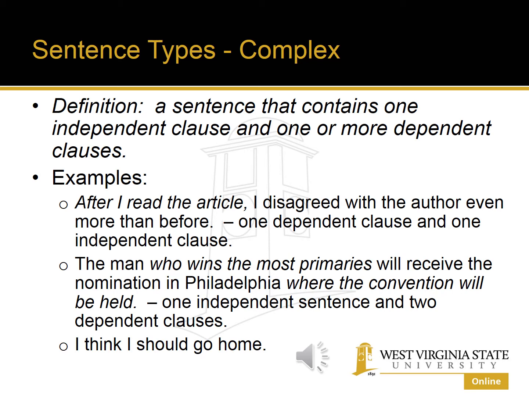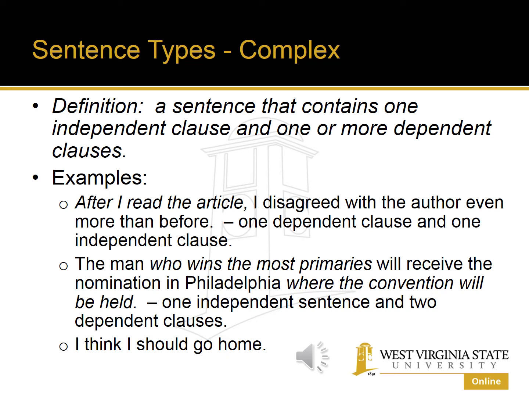So instead of starting with a subordinating conjunction, it starts with a relative pronoun, and it is in the sentence making the main clause, the man will receive the nomination in Philadelphia. So who wins the most primaries has a subject, who, and has a verb, wins. It's a dependent clause embedded in the middle of the sentence.